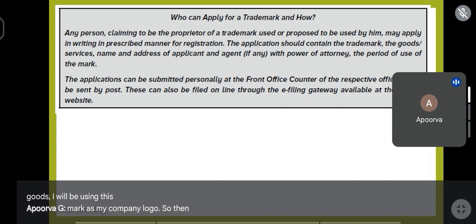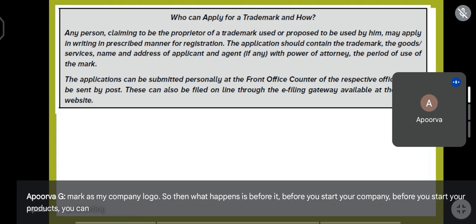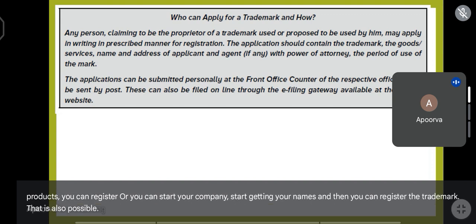So before you start your company or your products, you can register, or you can start your company, start getting your names, and then register the trademark. That is also possible. So there are two ways.